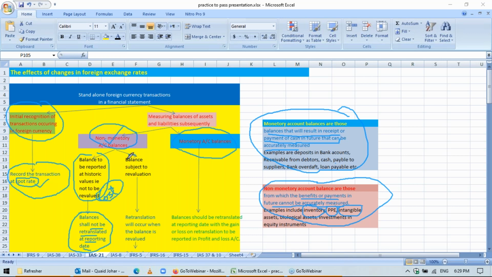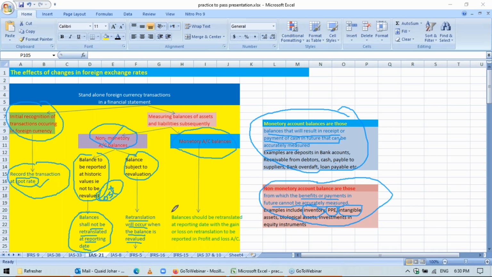But if you are using the revaluation model, then you will be retranslating. You will have to retranslate it, because if the building is in the US, then the fair value will also be in US dollars. And when the building gets revalued, the dollar value you will be getting from the US, you will have to convert it into rupees.